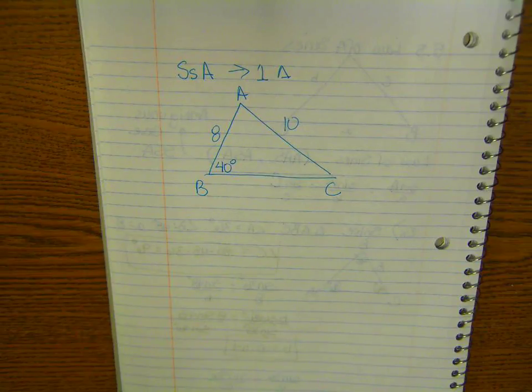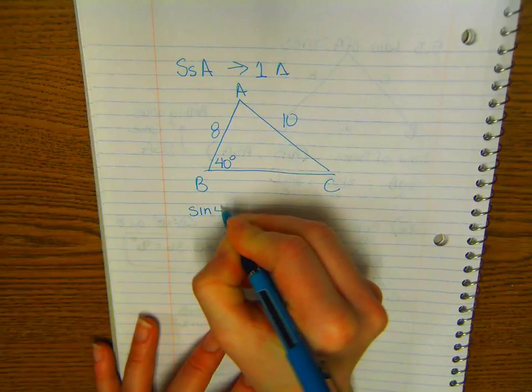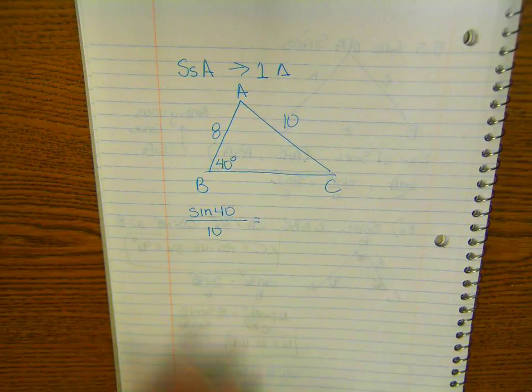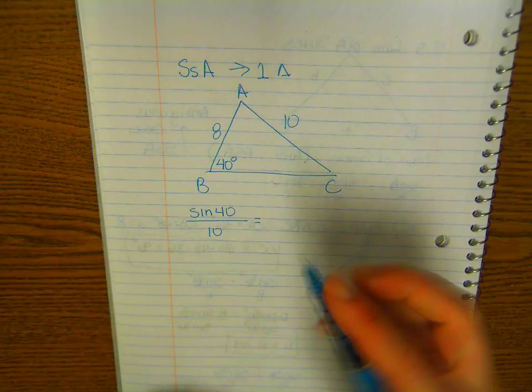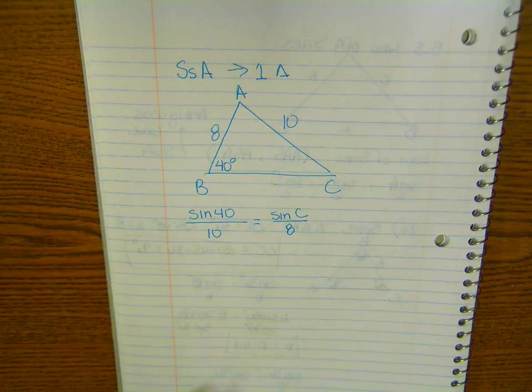So if I start to set this up, and I go sine of 40 over 10, I have only one choice, because what's the other piece that I have? Little c. So I have to find angle C first. We just need to talk about how you find an angle, because on the other ones we were finding the sides.